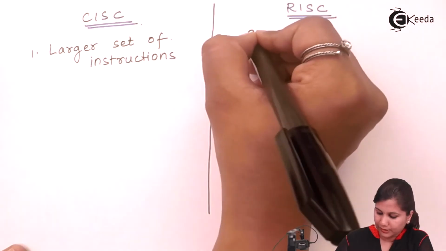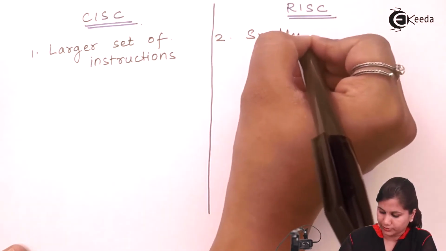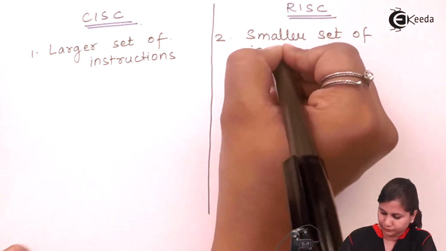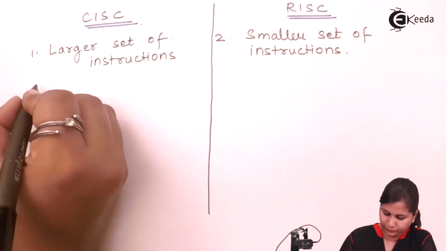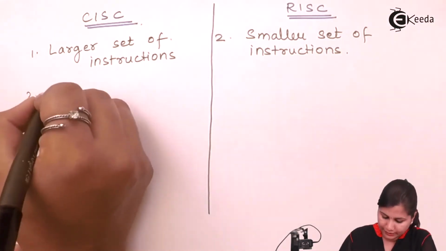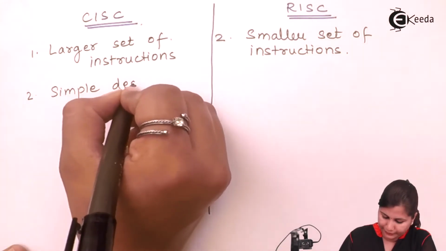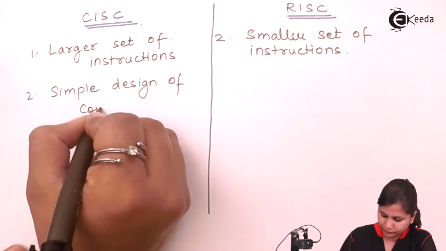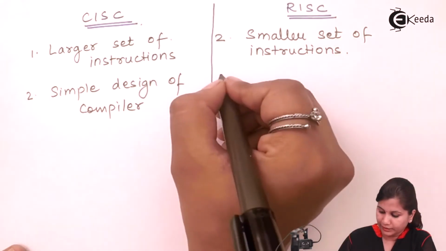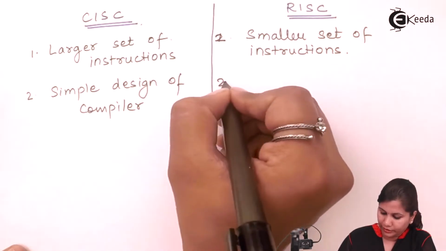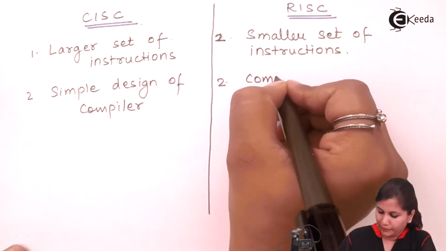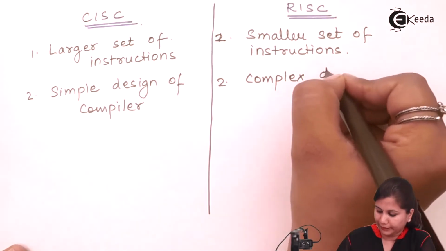In RISC there is a smaller set of instructions. In CISC there is a simple design of the compiler. In RISC architecture there is a complex design of the compiler.